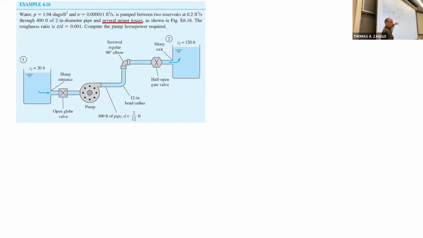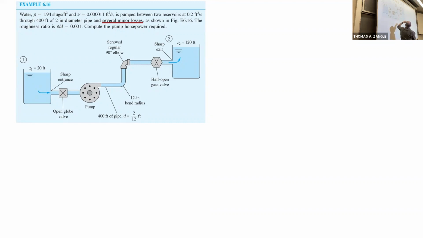Because remember the pipe flow expression that we developed starting at the very beginning of this chapter just comes from the energy balance approach from chapter 3. And here we have flow coming into our pipe system from a reservoir at a specified height. And then we have flow coming out of our pipe system into another reservoir at a different height.